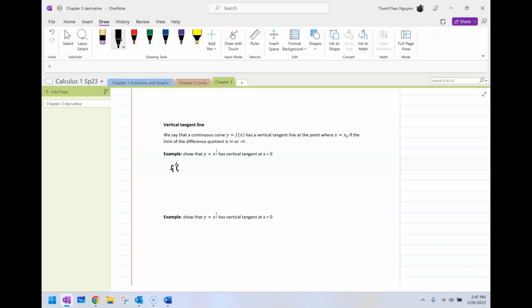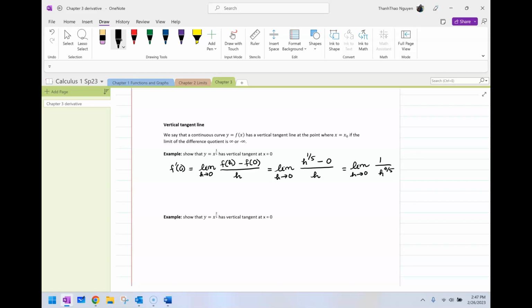So f prime of 0 is equal to the limit as h approaches 0 of f of h minus f of 0, divided by h. That is the limit as h approaches 0 of h to the 1/5 minus 0, divided by h. That is the limit as h approaches 0 of 1 over h to the 4/5.